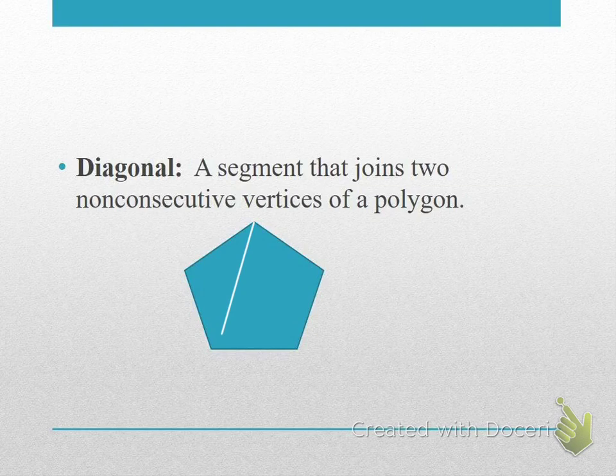So if I wanted to draw a diagonal from the top vertex, I could draw it not to this next one because it's consecutive, but down here this is a non-consecutive one. Over here would be a non-consecutive vertex. Those are the only two diagonals I could draw from that top vertex.